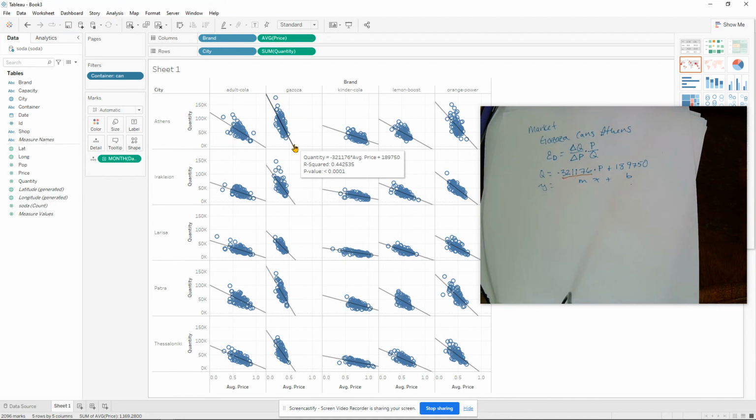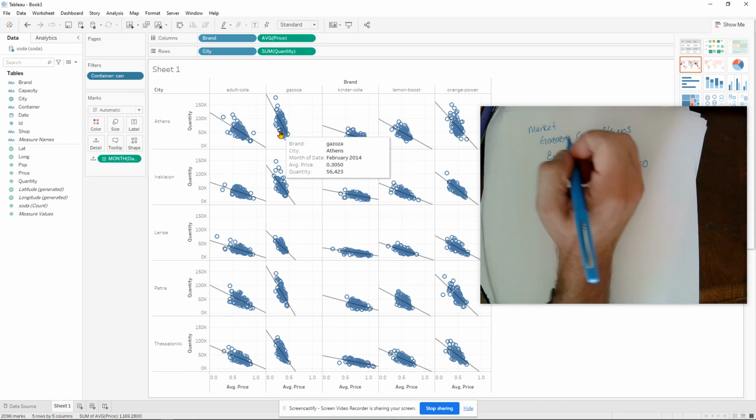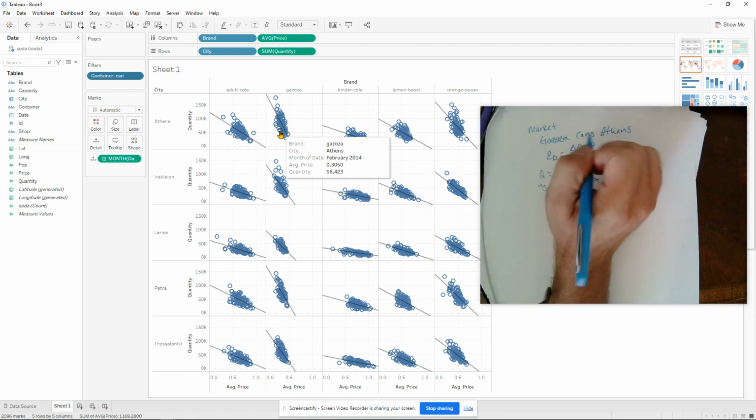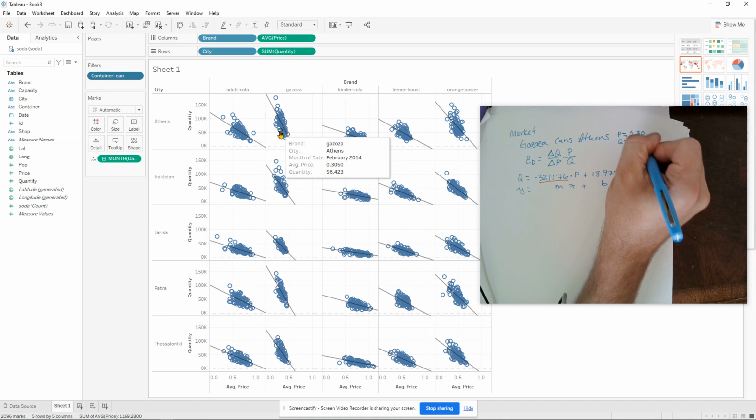So I have to give you a point. I'll pick that for you. The question might be something like, what's the elasticity of demand for Gazoza cans in Athens when the price is, say, I'm just picking this, 0.3 euros and the quantity is, we'll just call it 56,000?